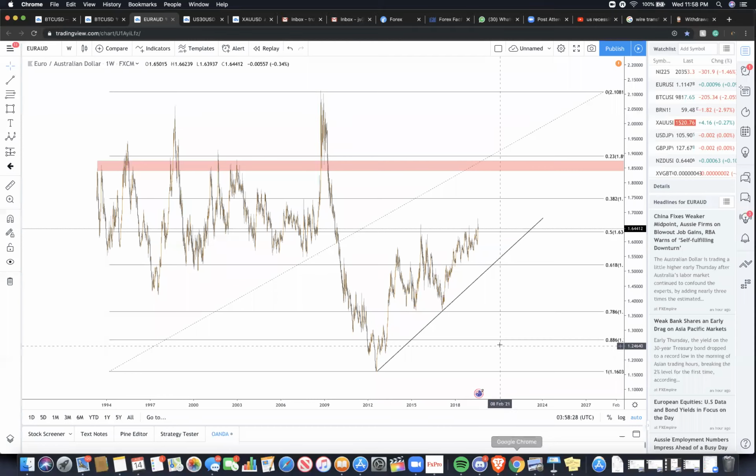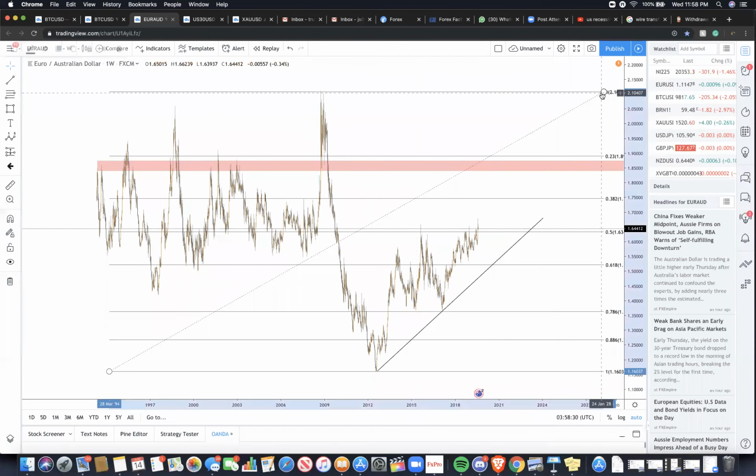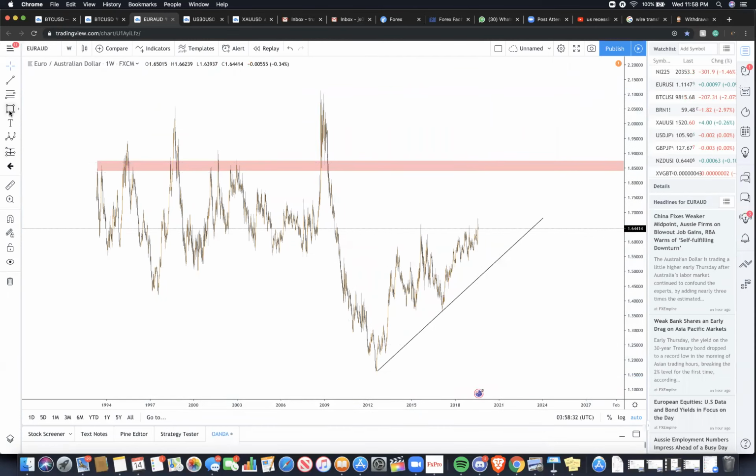So I'm going to go back to my chart. I'll delete this fib level here, identify some of those important zones again, right?